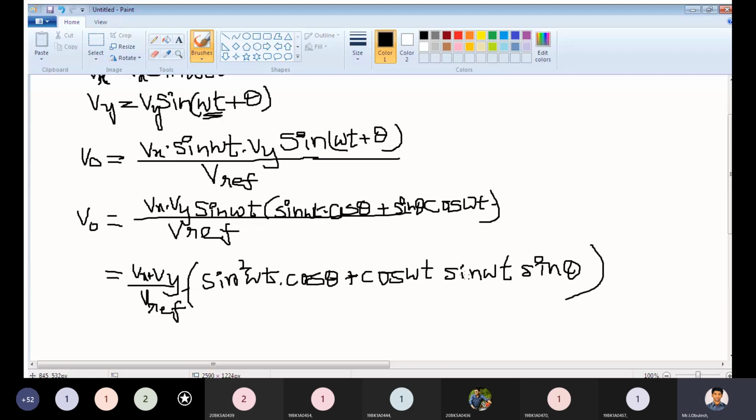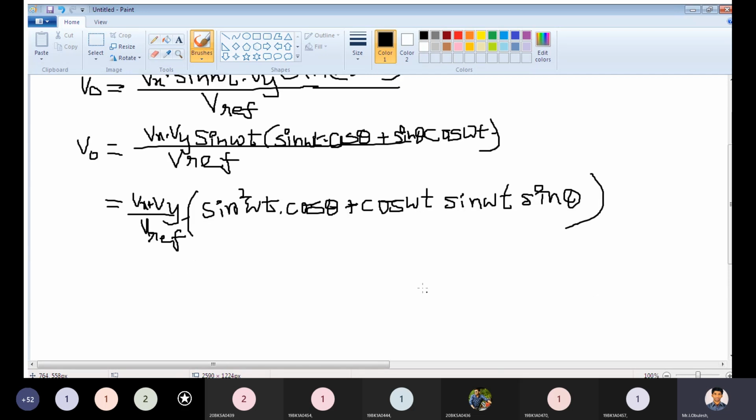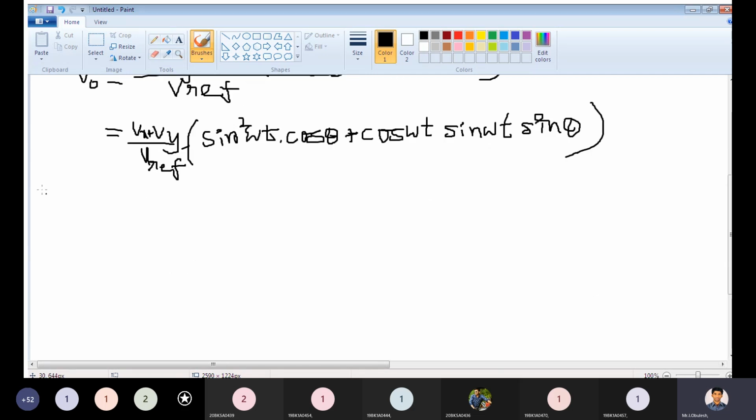I think all of you know that sin square theta is equal to 1 minus cos square theta. Here we have a sin square omega t, right? You need to convert that into cos. And here we have a cos 2 theta, right? Cos 2 theta is equal to 2 cos square theta minus 1. You need to keep in mind those two formulas.